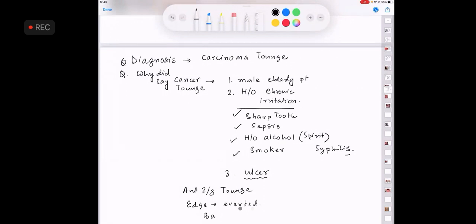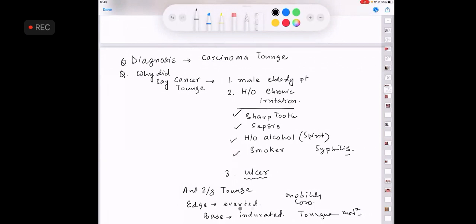The base of the ulcer is indurated. The mobility of the tongue is low, or there is difficulty in movement of the tongue, called as ankyloglossia. So there is movement of the tongue that is difficult, that is ankyloglossia.